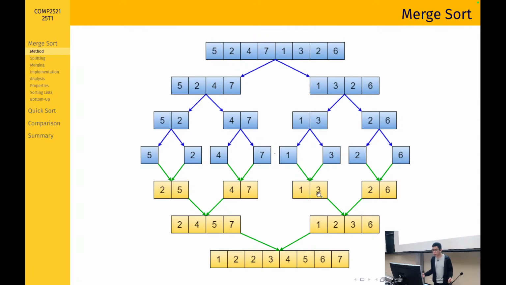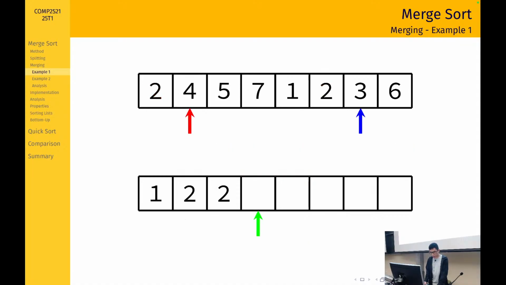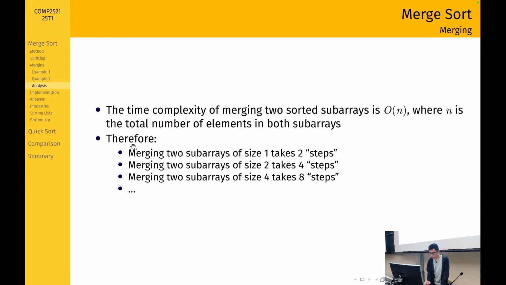And finally, when we merge the two arrays of size 4 into one sorted array of size 8, that takes at most 8 comparisons. Okay, so that's the cost of merging. And this is going to be really important for analyzing merge sort as a whole. So just keep this in mind.